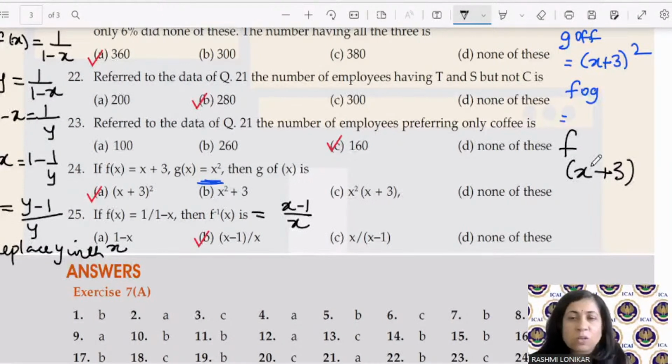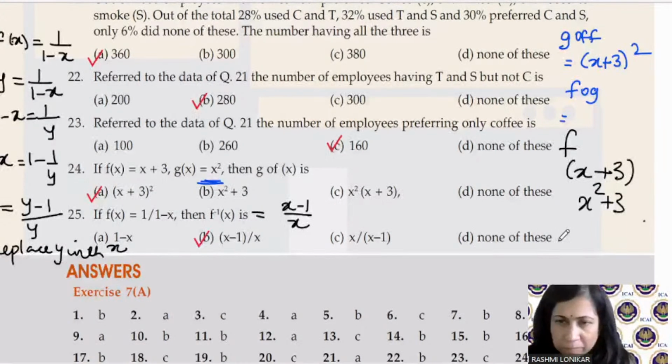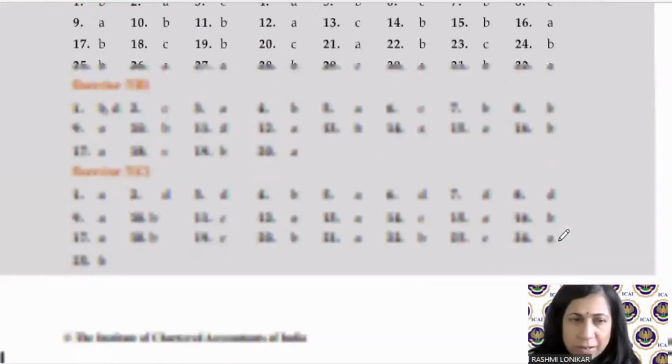Instead of x, I write x square. So, here it is x square plus 3.